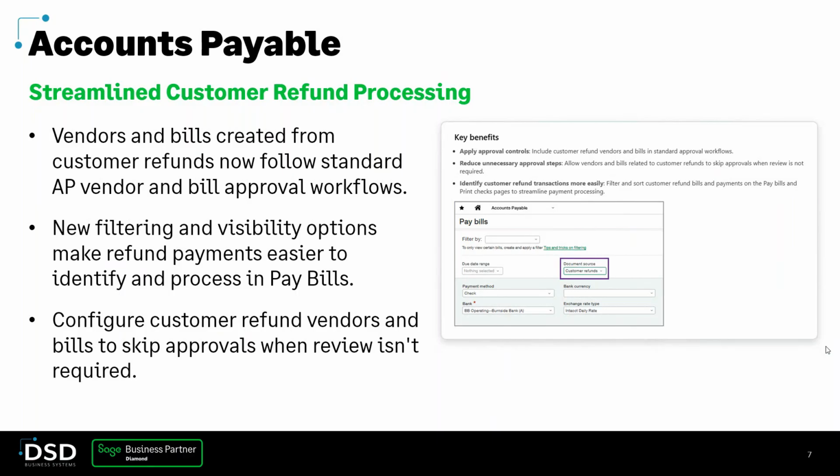So those customer refunds, you can kind of have those where they're going to bypass any AP approval because they're really generated from a customer AR transaction that you're generating that refund versus a bill that you maybe have approvals on. So some different things that you can do with that refund process to kind of bypass those rules, and then also make paying those easier and more visible where they kind of don't get blended in with your other AP bills.